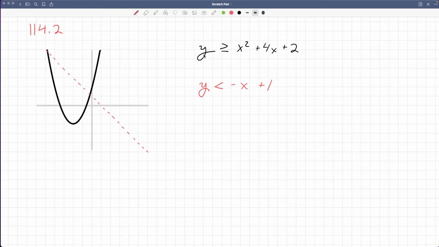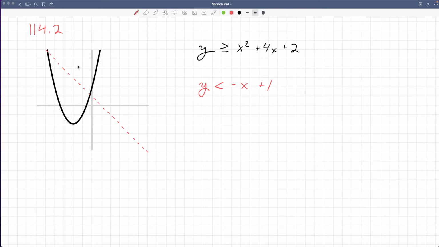So we're going to say that it's going to be greater than or equal to the parabola line. And in this case, what is above the parabola line is going to be on the inside, right? Because this is on top of the parabola.